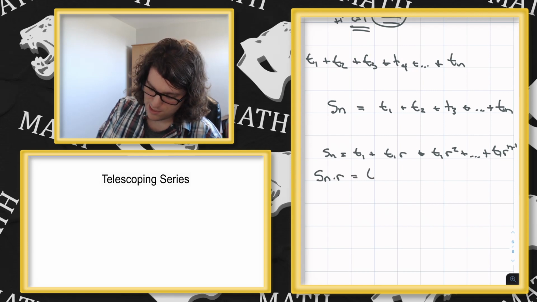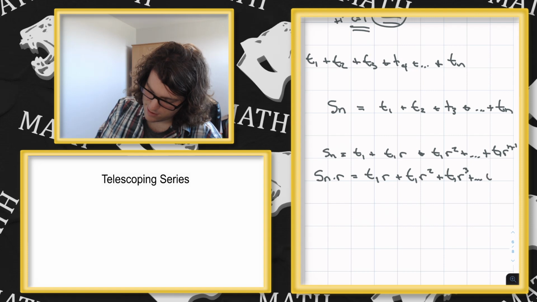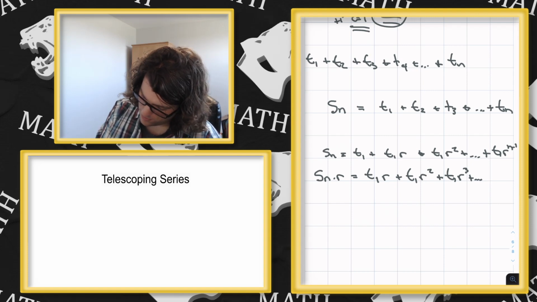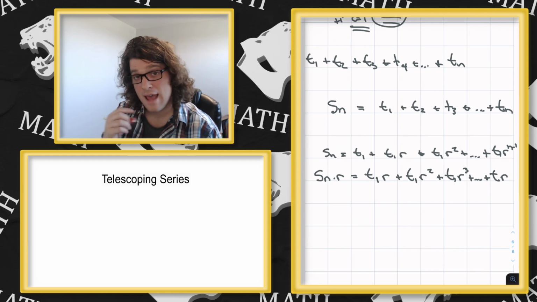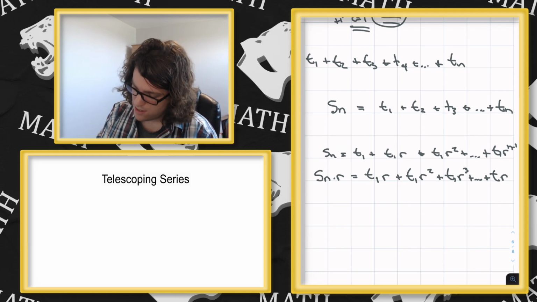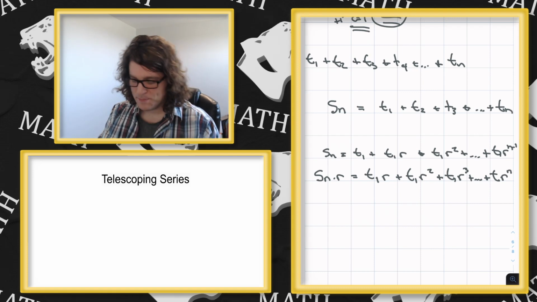That's equal to T1 r plus T1 r squared plus T1 r cubed plus dot dot dot plus T1 r to the n minus 1 times another r, which means I'd add 1 into the exponent, so it becomes r to the n.